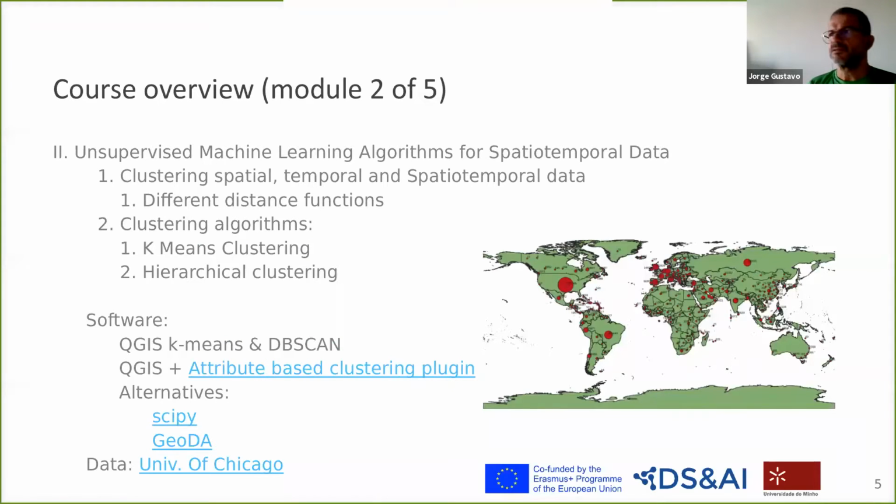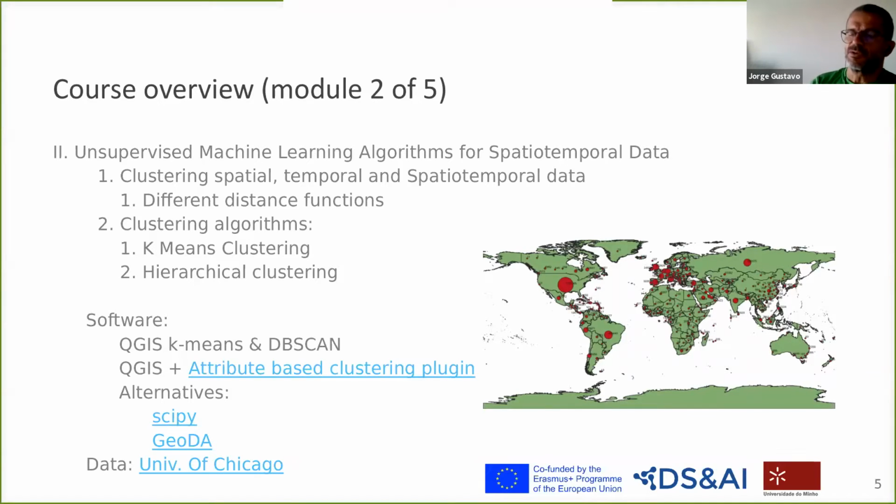The third module of these 5 modules is related to clustering, let's say. We will not dig into every kind of clustering technique, but at least these two main algorithms we should work with the students: k-means and hierarchical clustering.